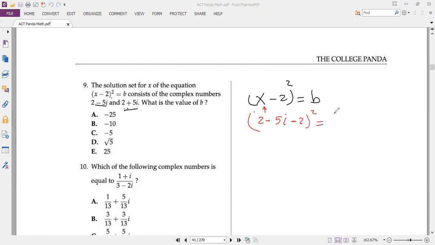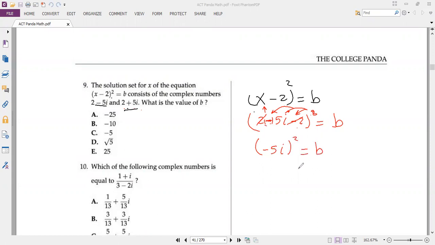Minus 2 squared. So 2 minus 2 is out. 2 squared makes this positive. i squared, just distribute the power. The even power makes negative look like positive. So very easy. I know some of you don't like this kind of example. So 2 minus 2 is 0. We have negative i squared.